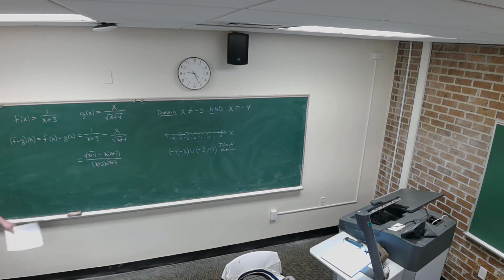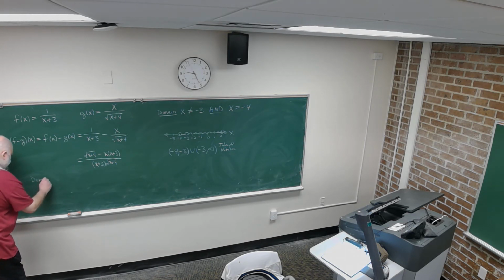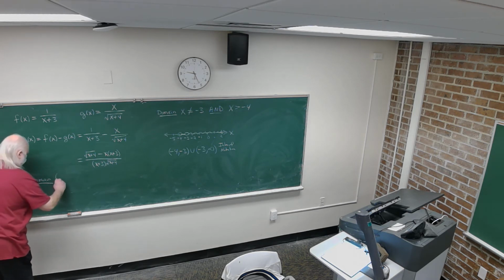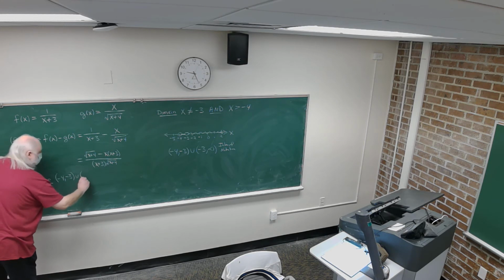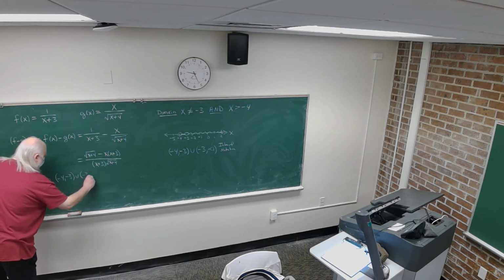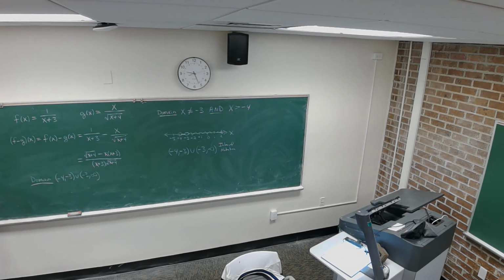And the domain is the same. That's f plus g. Minus 4 to minus 3, union minus 3 to infinity. Any questions on that?